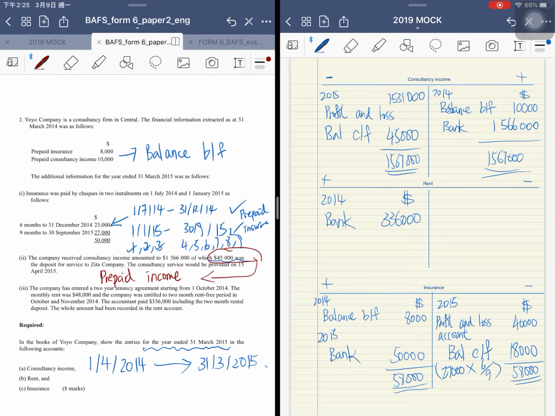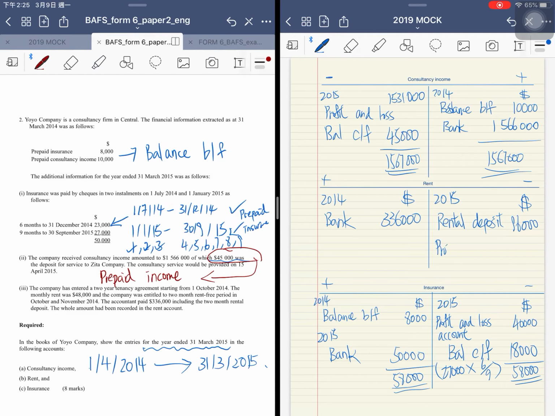And we have rental deposits, which is 96,000.